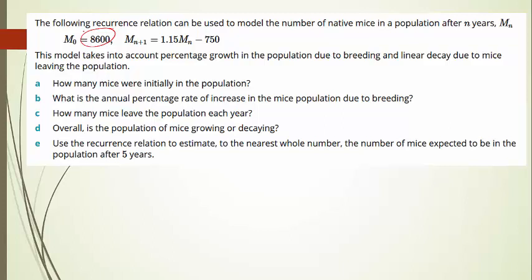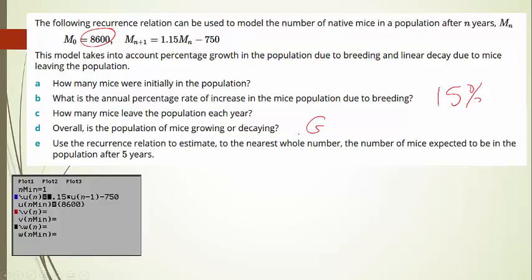That is increasing by 0.15, and 0.15 is 15%. So the answer to that one is 15%. How many mice leave the population each year is 750. Now, overall, is the population of mice growing or decaying? What it looks like is growing, but really you need to stick the numbers into the calculator to see what comes out and double check on that.